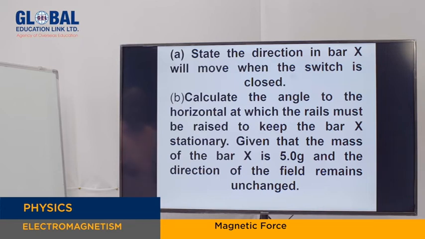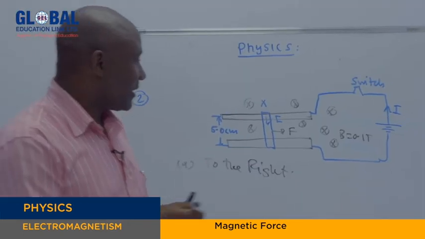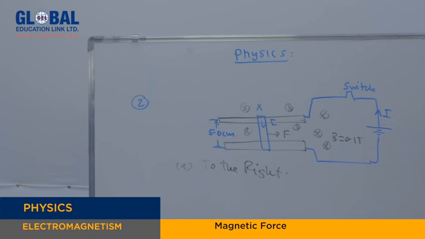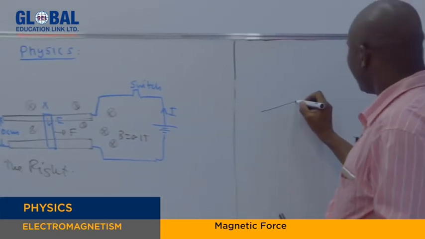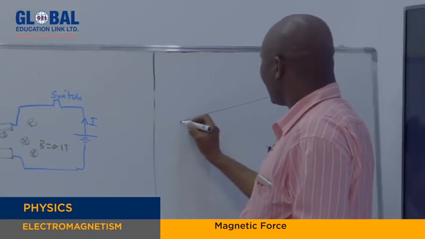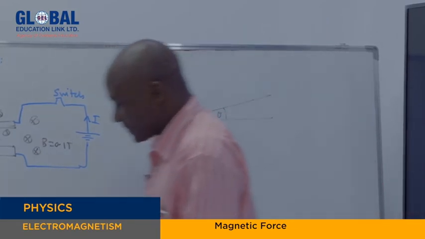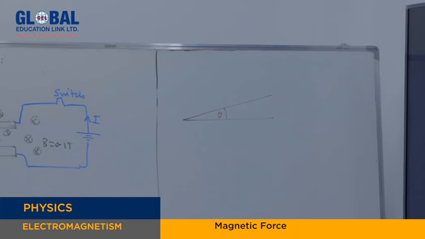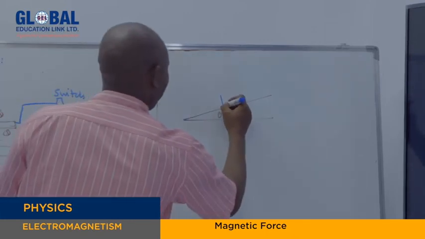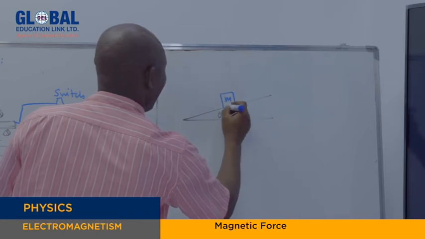We know the mass of the bar is given, and the direction of the field remains unchanged. So let's go back to the formula. In mechanics, we had an object of mass M resting on an inclined plane.